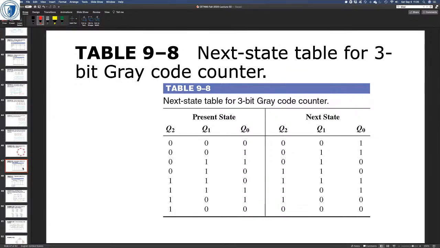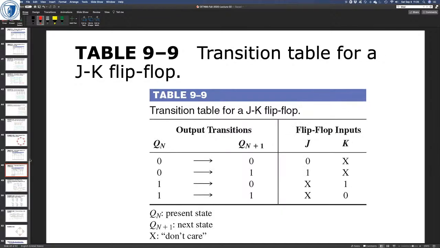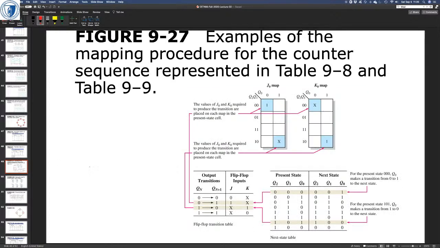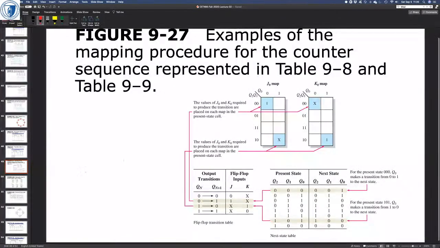And so for the grey code counter, you could do the same present state, next state thing that we did for the tutorial example. And there's the transition table for the JK flip-flop. And there's an example of how to do it for this grey code counter example.